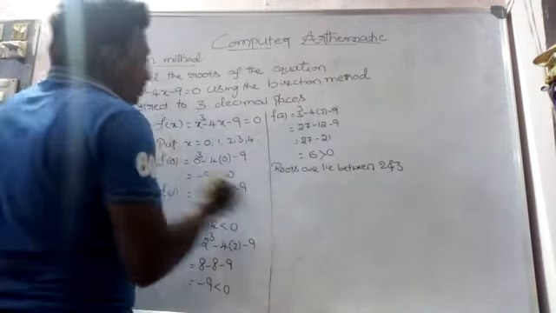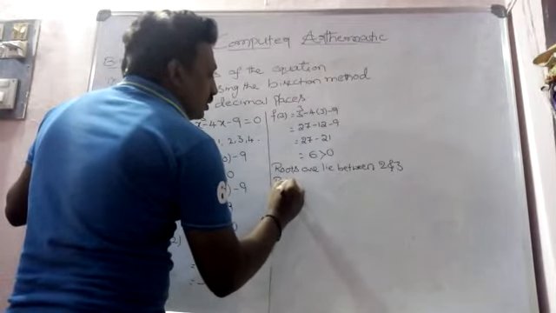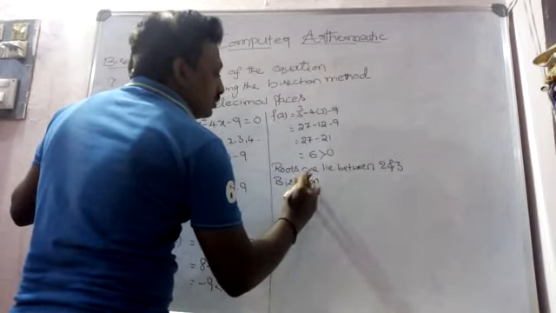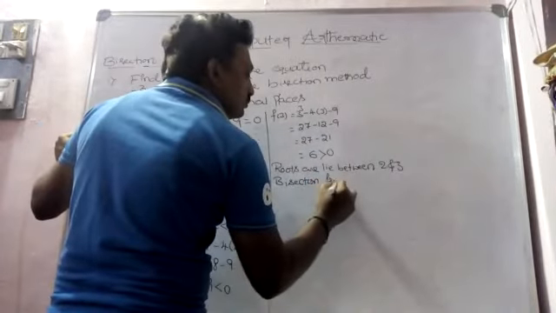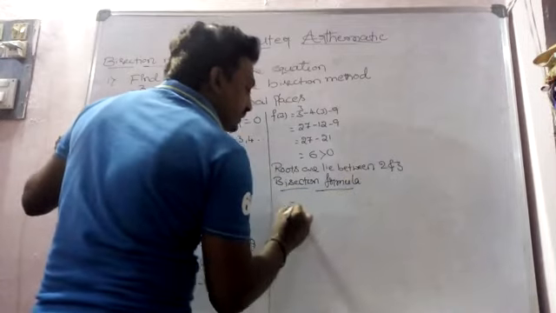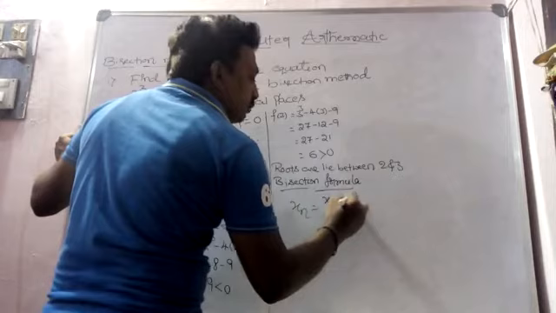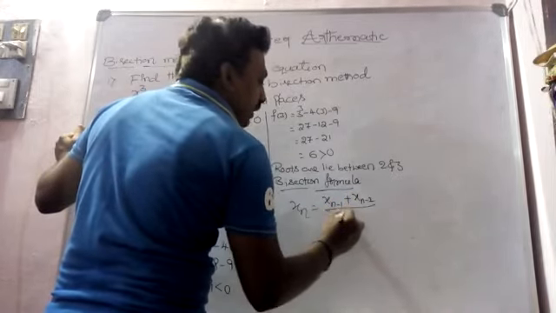We want the bisection formula. The bisection formula is xn equals xn minus 1 plus xn minus 2, divided by 2.